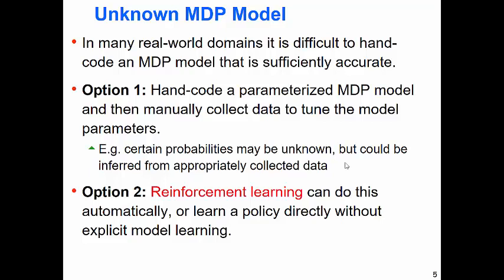And some reinforcement learning, as we'll see, is going to be explicitly trying to learn a model, and some does not. Some will try to bypass model learning altogether. So those are the two options, and option one is very, very common in the real world. This is what you do often in robotics. You're trying to tune the model. If it's a little bit off, you run the robot a little more to collect more data, and so on and so forth.